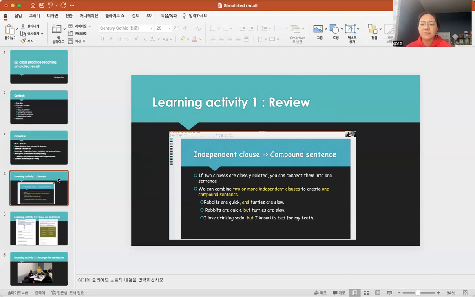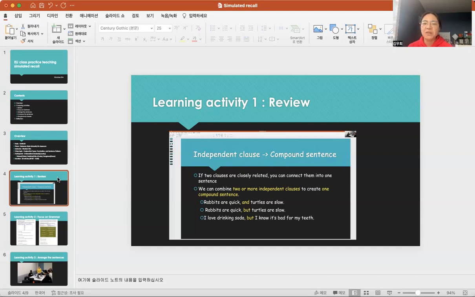So I started from parts of speech, and I continued with the 2 dimensions of language, which are word, phrase, and sentence. In this class, I needed to have a closer look at different types of sentence patterns, and I gave students the opportunity to compose sentences by themselves.